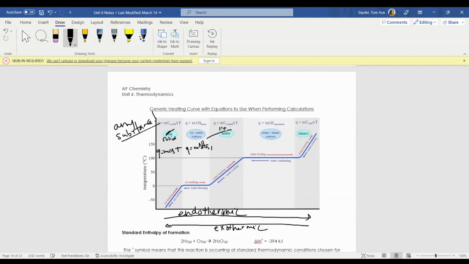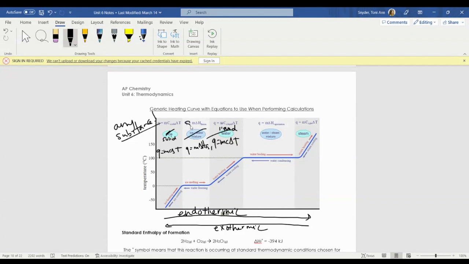If I have a liquid and I'm raising the temperature of the liquid, but I'm not going through a phase change, I would use the equation again, Q equals MC delta T, to calculate the heat energy that's absorbed or released when I simply change the temperature of a liquid and don't go through a phase change.